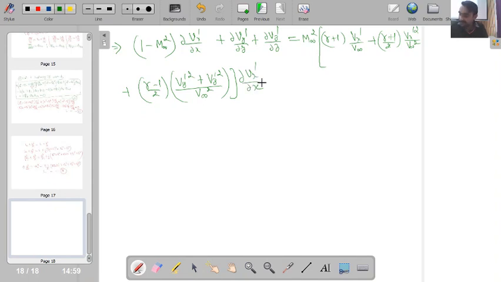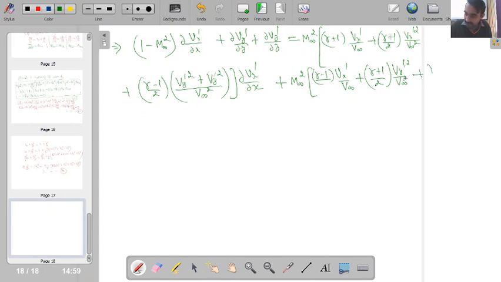Okay, similarly I will be having next term M infinity square into (gamma minus 1) vx dash by V infinity plus (gamma plus 1) by 2 into vy dash by V infinity, vy dash square by V infinity square.